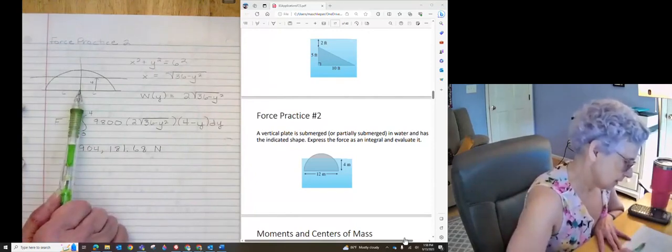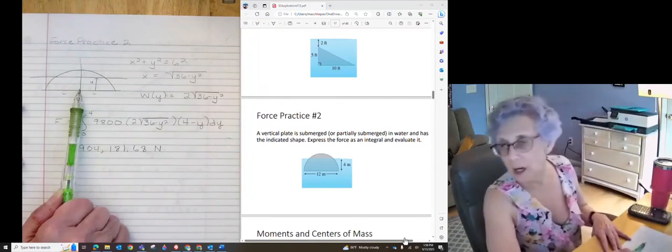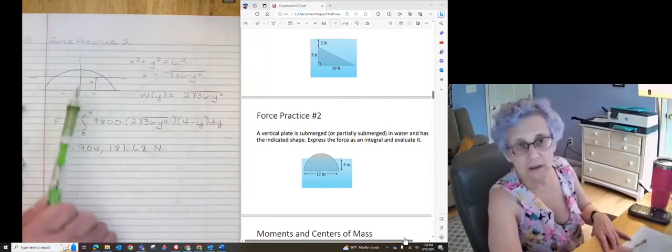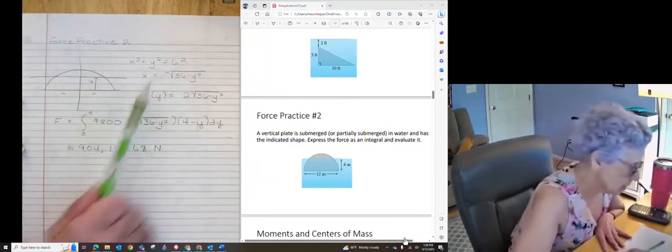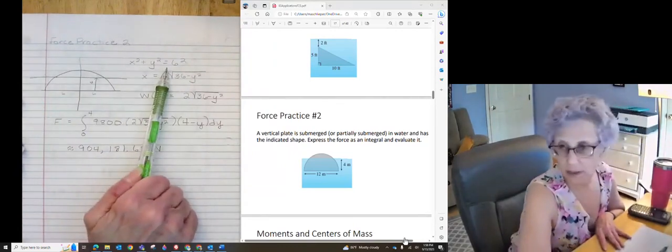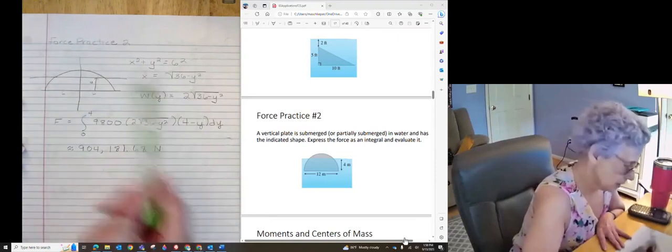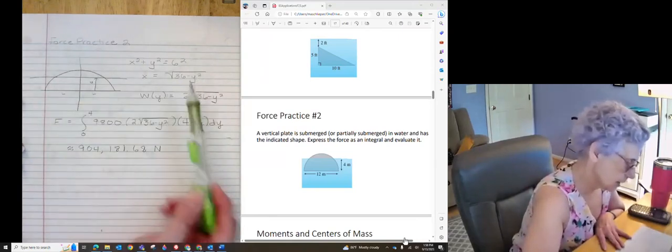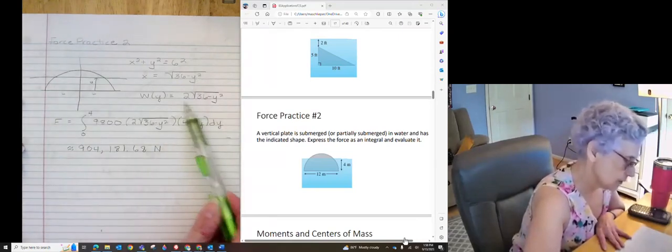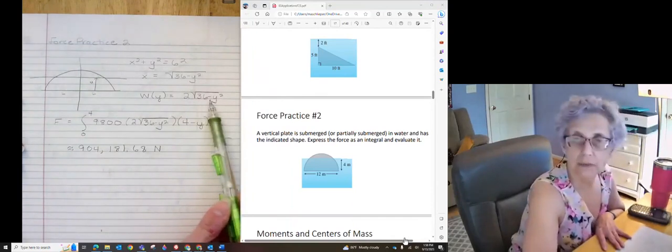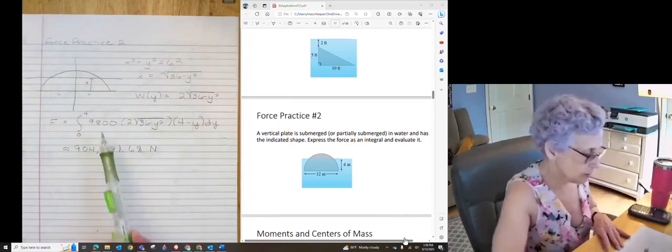I put the center of the bottom of the semicircular plate at the origin. So x squared plus y squared was 6 squared, since it was 12 meters in diameter. So the width is 2 times the square root of 36 minus y squared.